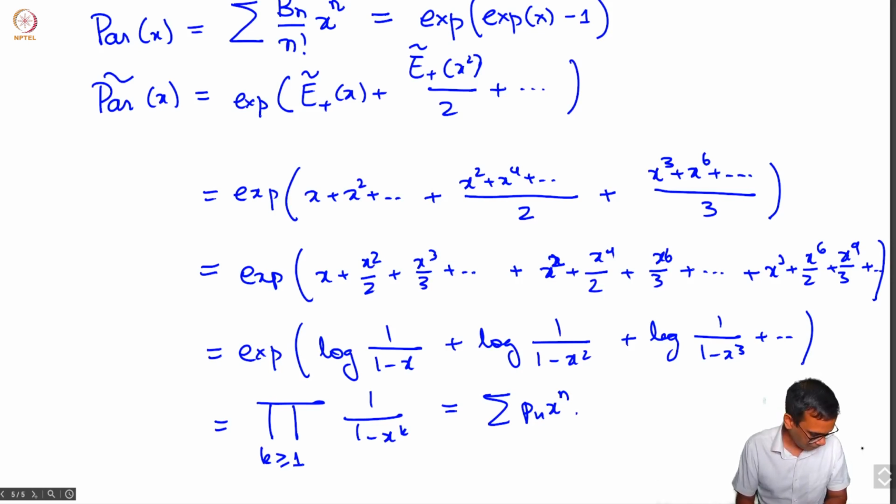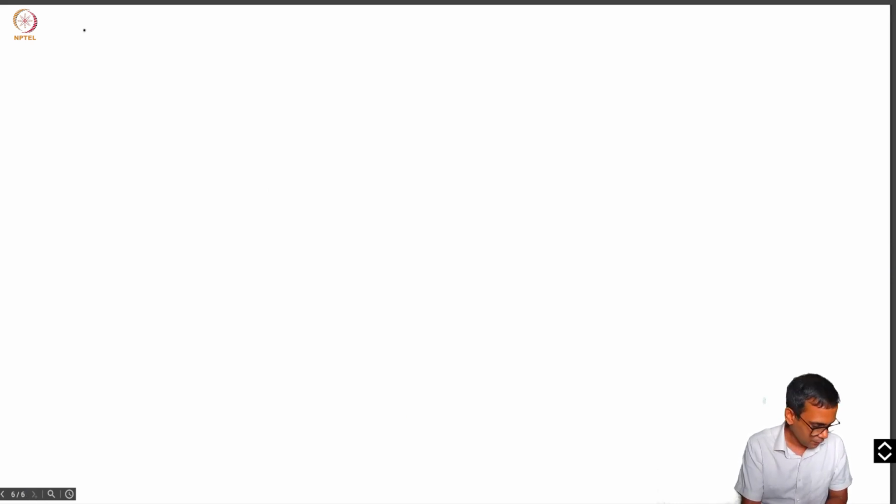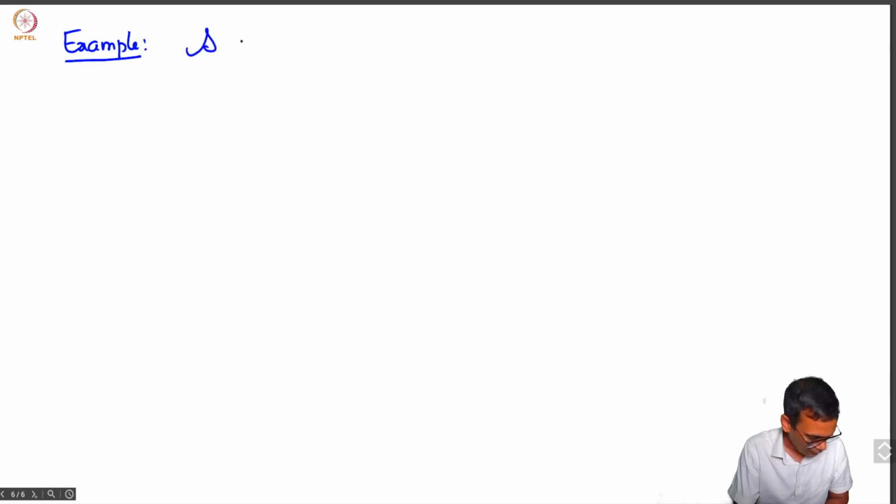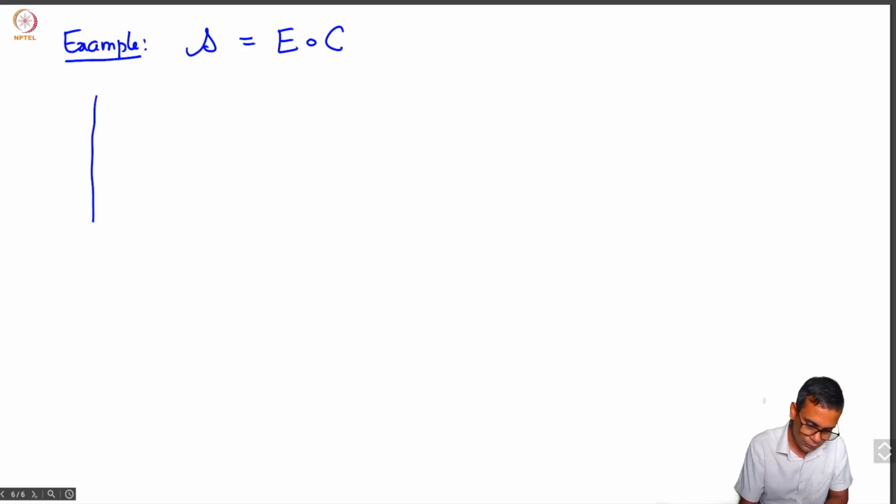Now we can also look at another example. So if the set partition example corresponds to Stirling numbers of the second kind, this one corresponds to Stirling numbers of the first kind. A permutation is an assembly of cycles. C is the species of cycle structures, and visually this is of course very simple.